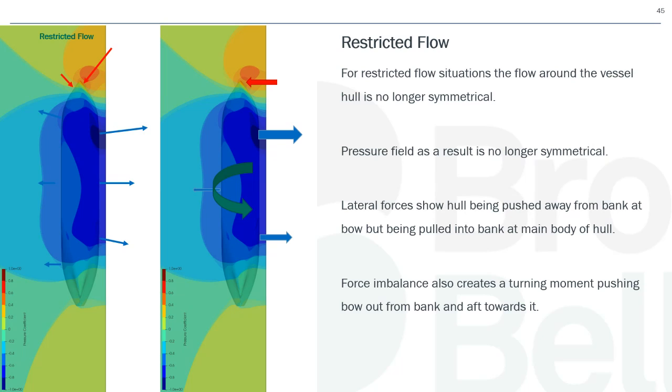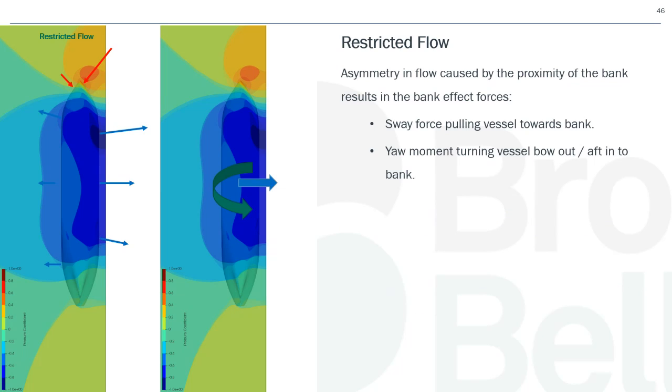So you have these two forces which we associate with bank effect, pulling it towards the bank and turning the orientation of the vessel away, port side, bow towards the starboard, away from the channel bank. So we have a physical understanding of where the bank effect forces come from.